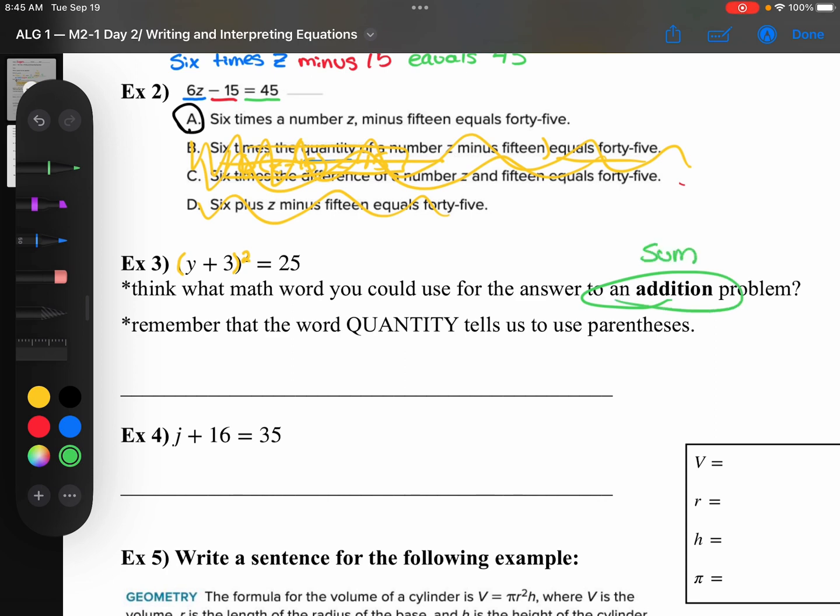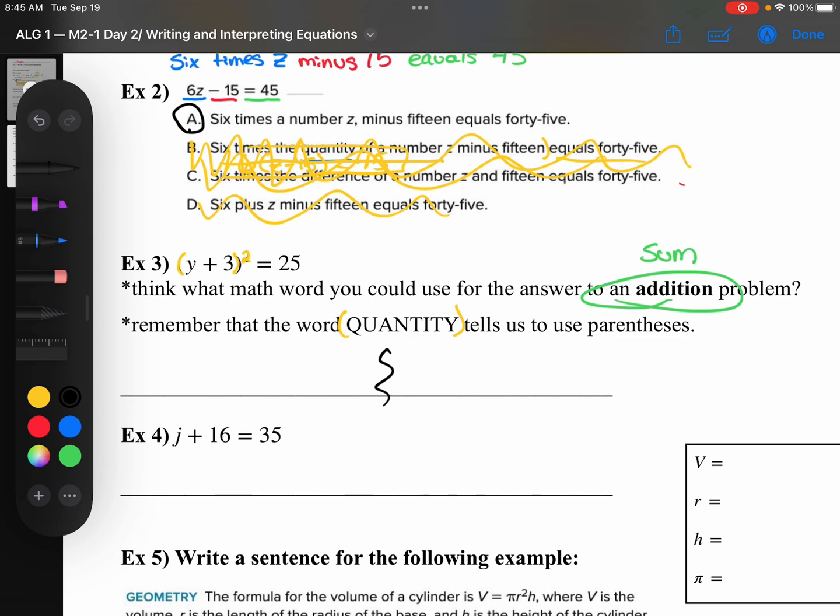And remember, the word quantity tells you to use parentheses, okay? So there's 2 different options we could write for this, and neither are wrong, but I'm going to show you both of the ways, okay? So how could we write this using the word a sum?